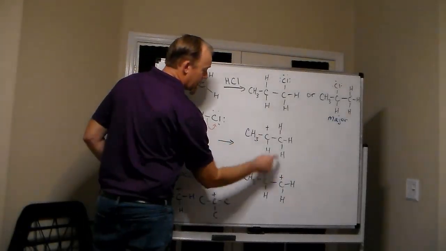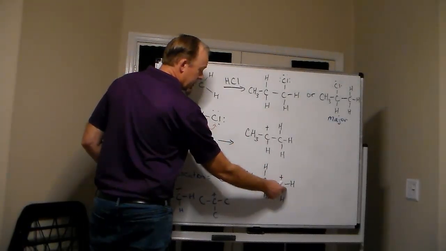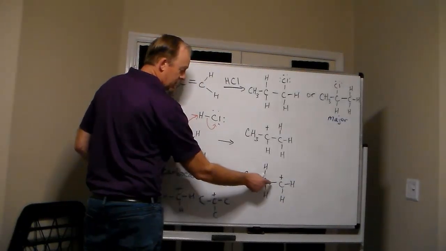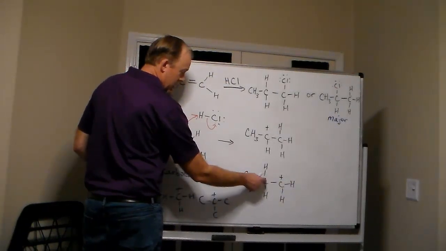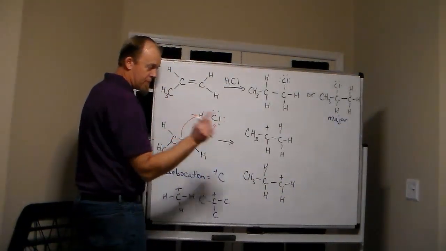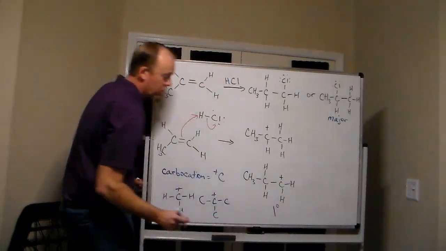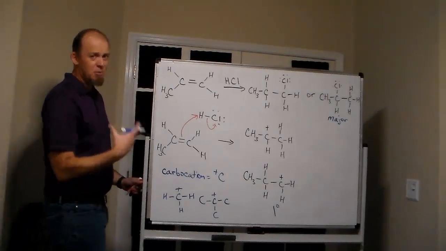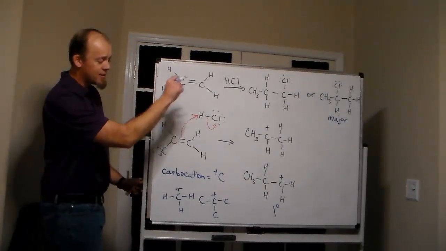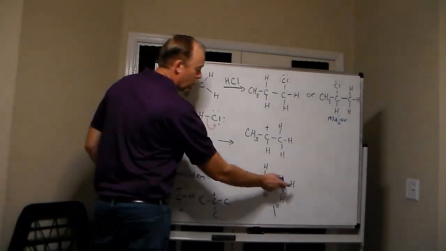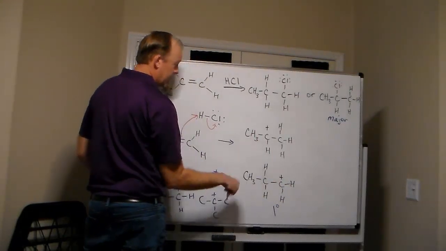So if I look at these two, this carbon is primary because it's attached to one other carbon. And I'm going to put a 1 with what looks like a degree sign there. That's a symbol we use a lot of times for primary. That's a primary carbocation. One carbon attached to one.